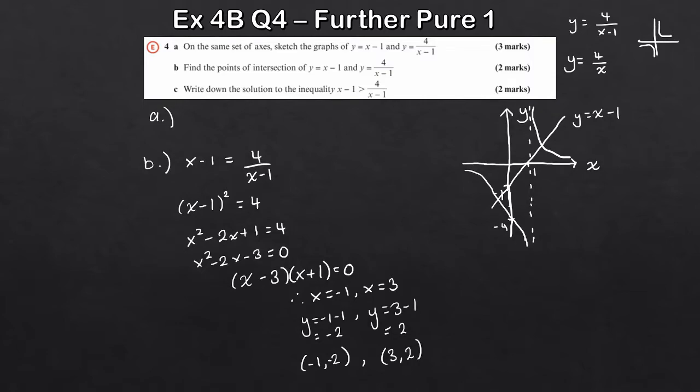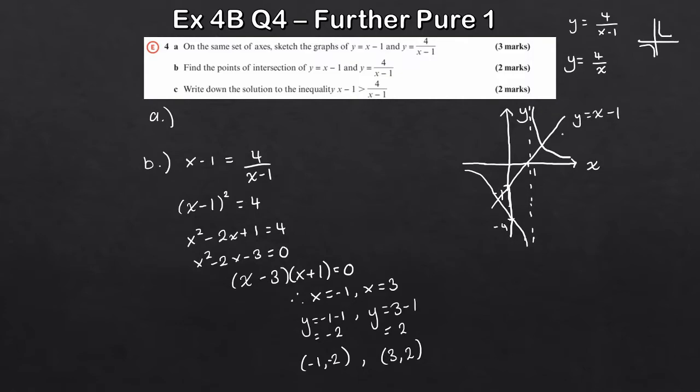And then finally for part B, we just need to write down the solution to the inequality x minus 1 is greater than 4 over x minus 1. So we need to just use the graph to actually solve this. What we're looking for is essentially where does the line y equals x minus 1 lie above the reciprocal graph? So let's start with this quadrant here, it's a bit easier to see for this one I think.